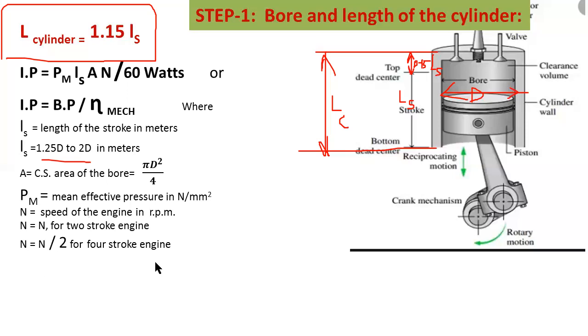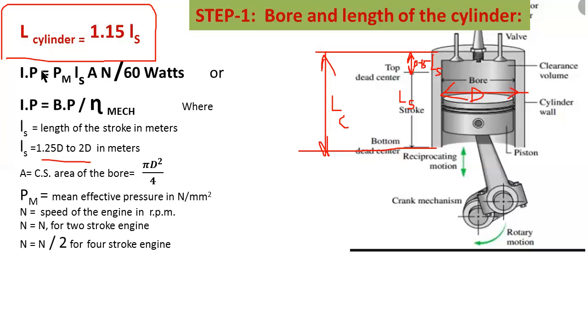This is the main important one for our problems. For two-stroke engines, consider the given speed of the engine as the same, substituting n = N in this formula. But for four-stroke engines, you have to substitute n = N/2.